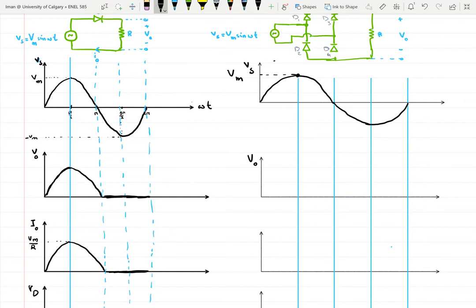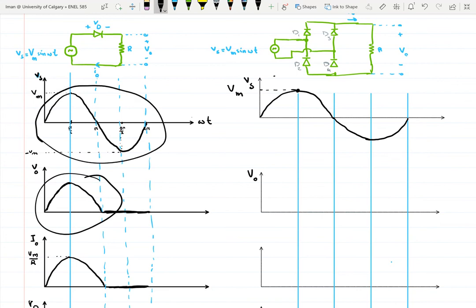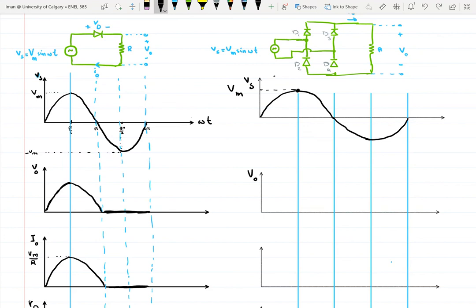So this was a half cycle rectification, and it was able to only rectify half cycle of the whole Vs here. So now what we'll see is that we can do a full wave rectification. So if this is Vm, we would have the negative half cycle of Vs also rectified.